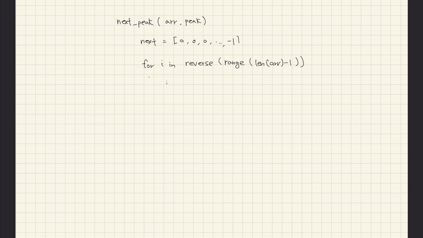If the position is included in the peaks, then put the value i inside the next array. Else, put the value which has been filled in after position i plus 1, to let the data in the previous position know where the peak is, and return next.